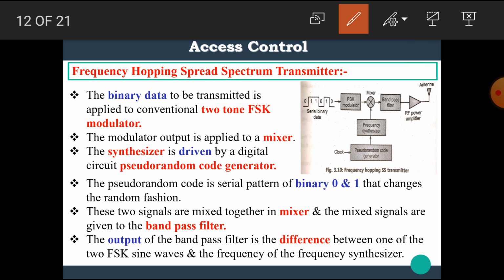Okay, these two signals are mixed together in a mixer and the mixed signal is given to this band pass filter. The output of the band pass filter is the difference between the two FSK sine waves and the frequency of the frequency synthesizer. That means the output of the mixer is the combination of one of the two sine waves of this FSK modulator and the frequency synthesizer.